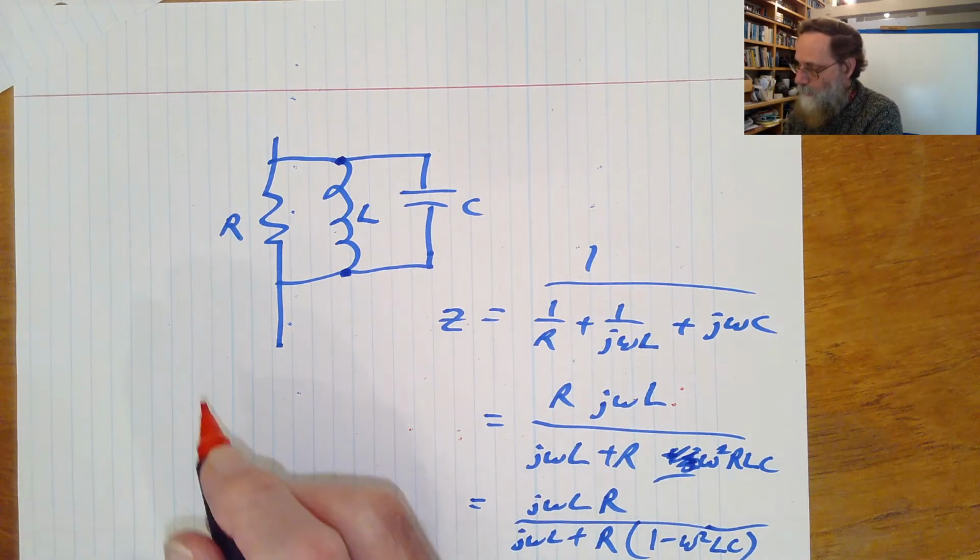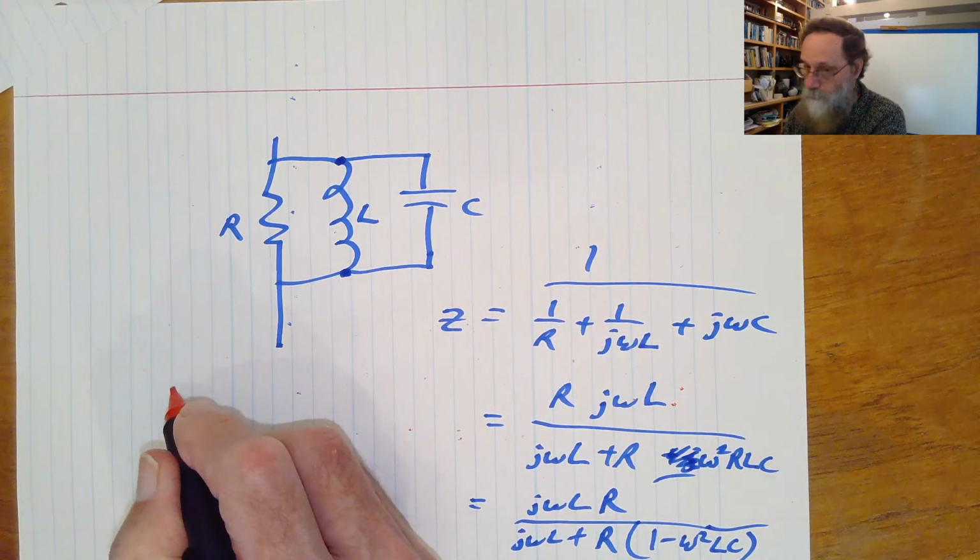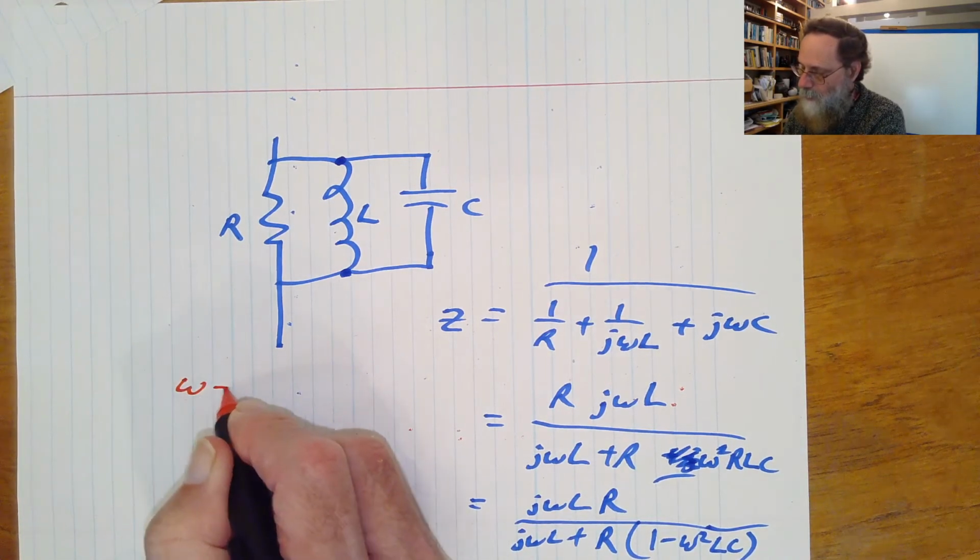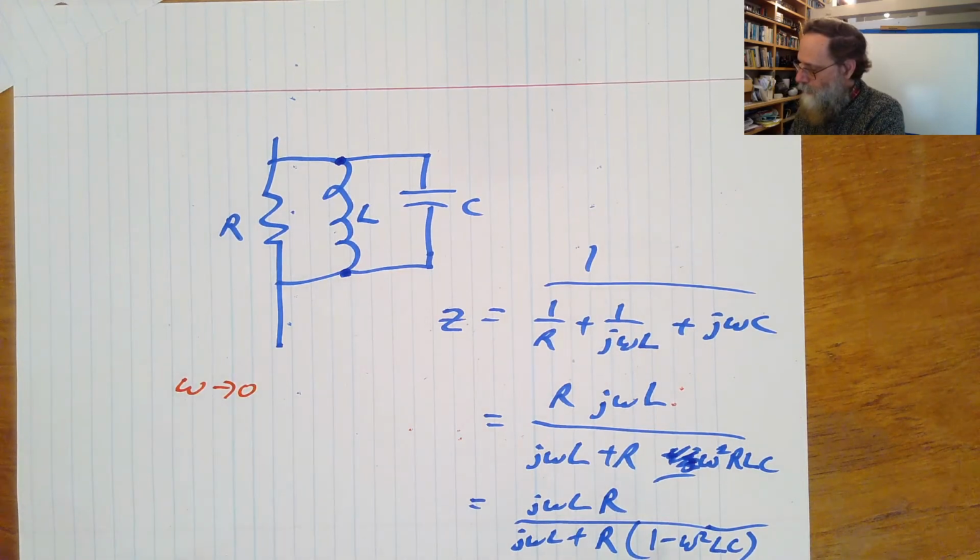Okay, so taking a look at what happens as omega goes to 0, the omega squared term becomes negligible.